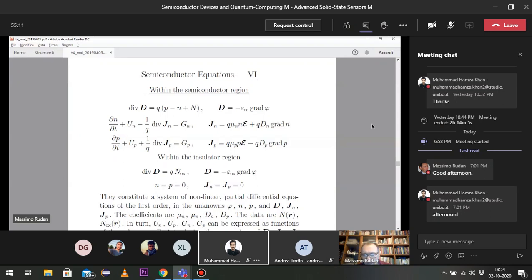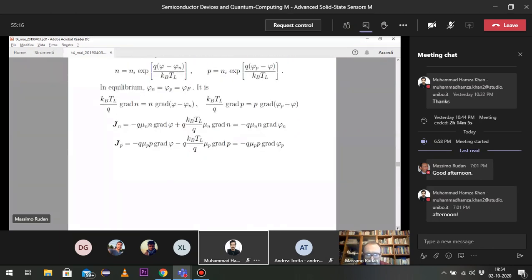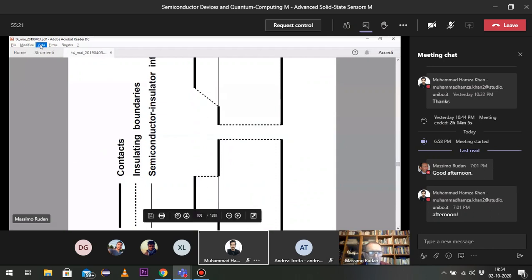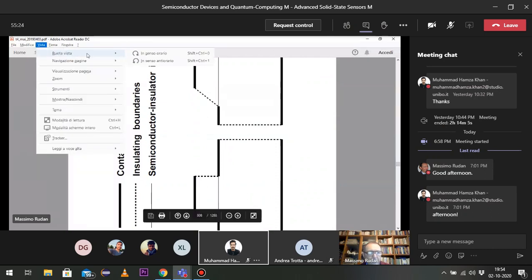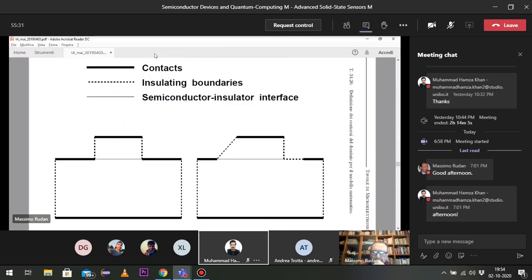To discuss this issue, we consider a very typical example, that of the MOS transistor. So let's consider the figure on the left. The figure on the left is a very schematic representation in 2 dimensions of the MOS transistor.